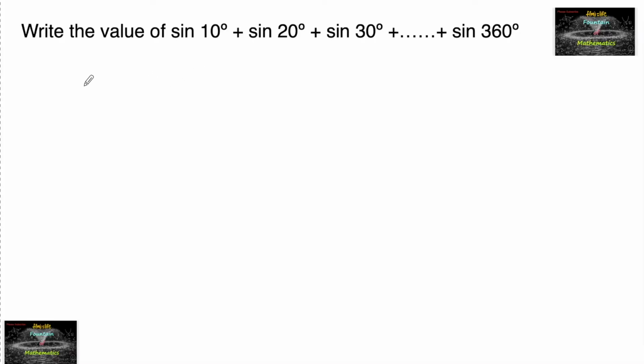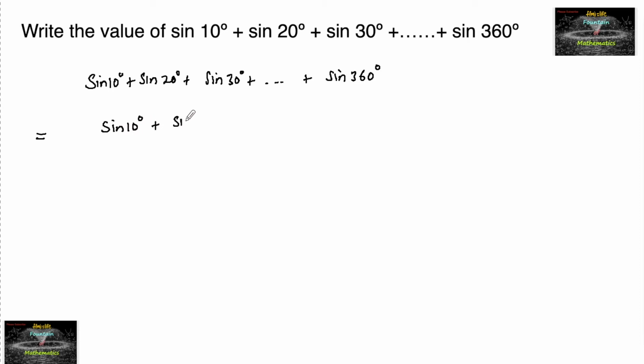Write the value of sin 10 degrees plus sin 20 degrees plus sin 30 degrees and so on up to sin 360 degrees. So this can be written as sin 10 degrees plus sin 20 degrees plus sin 30 degrees and so on.